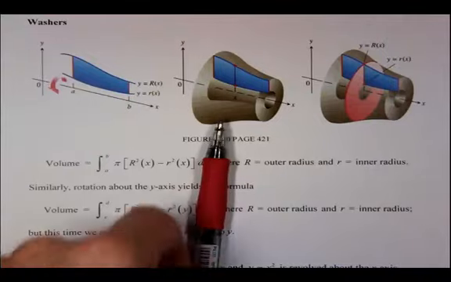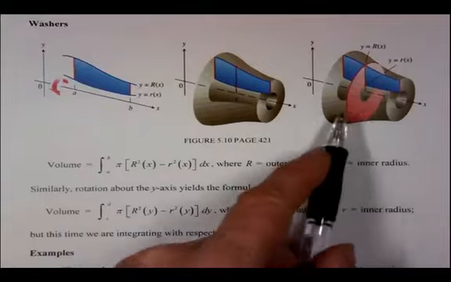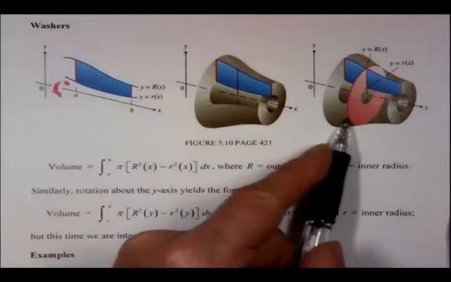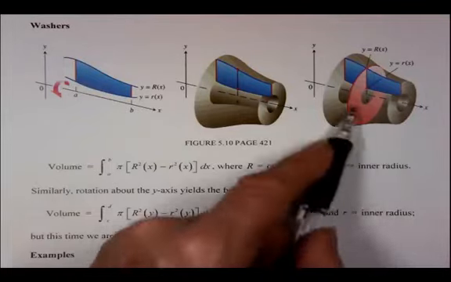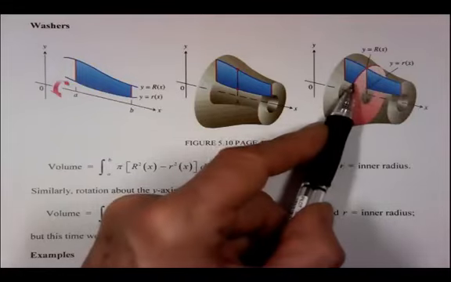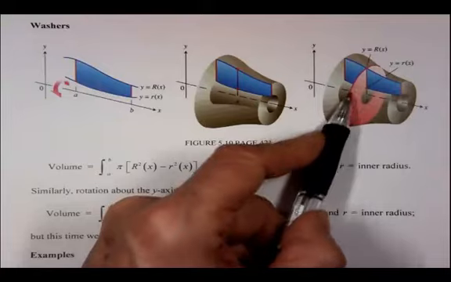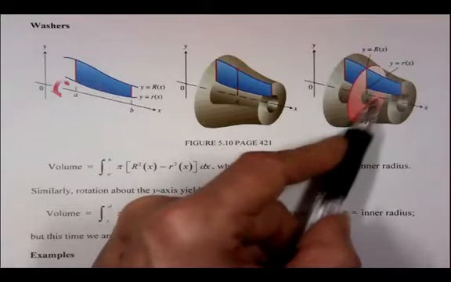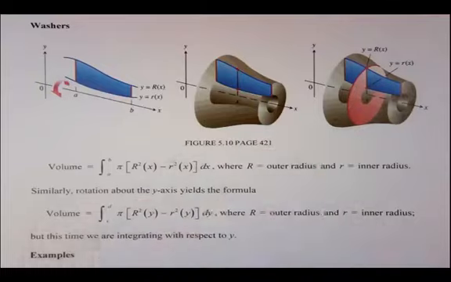So what we're doing is we're summing up their height or width, depending on how you think of them, which is delta x, times the surface area, which is pi R squared, where that capital R is the radius of the large circle, subtracting the area of the small circle, which is pi r squared, this time with r being the radius of the small circle.